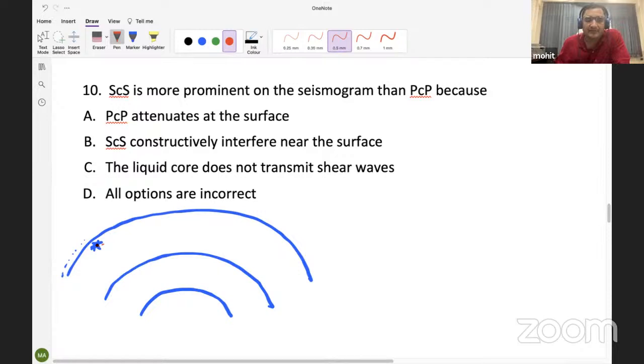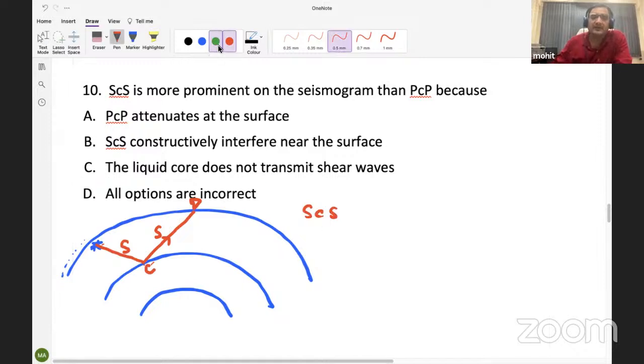So when these shear waves are going down and then gets reflected from the outer core and then recorded at a receiver on the surface, then the path will be shear wave, then getting reflected from the outer core. That is why we have this term C, and then coming back as shear wave to the receiver.